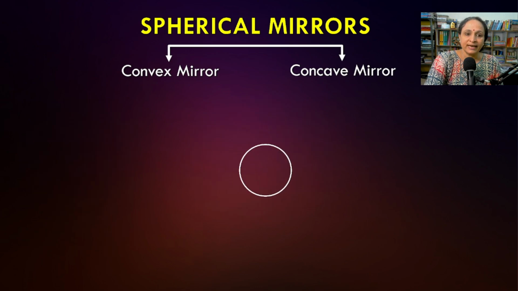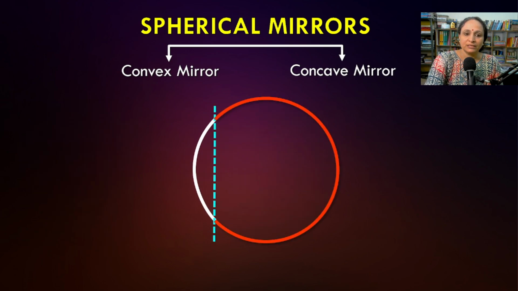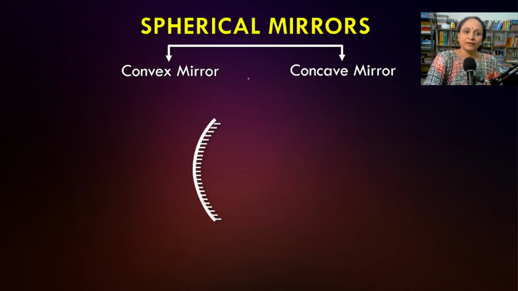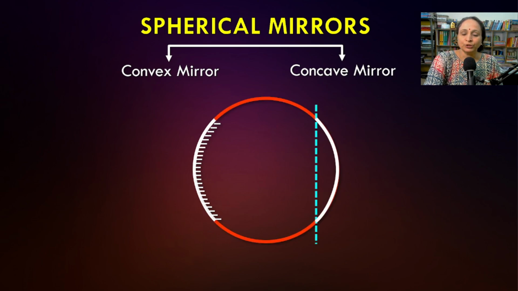Now to understand it better, let's have this cut into two pieces. If you have the sphere, you cut the portion out here and silver the side which is inside the sphere. The outer side becomes the reflecting surface, and this is actually the convex mirror. Again, you take the sphere, cut a portion of it, and you silver the outer portion.